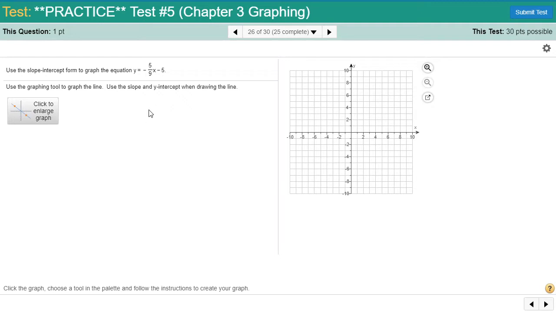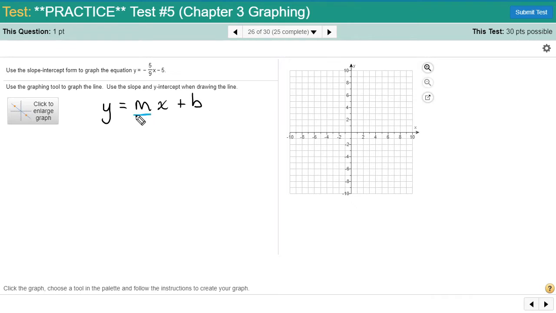So this is your indicator that this equation must not have a whole bunch of work to it in order to graph. But because they are specifically telling us to use slope-intercept form, recall what slope-intercept form is. And that, of course, is y equals mx plus b. The reason we like graphing equations in this form is because we can identify two key pieces of information immediately without any work.